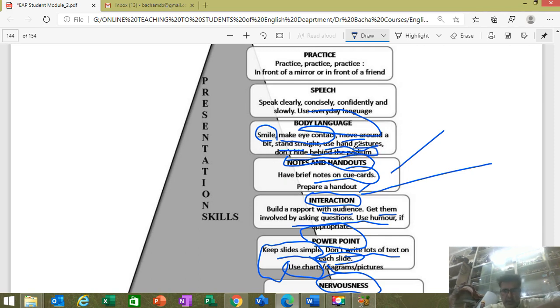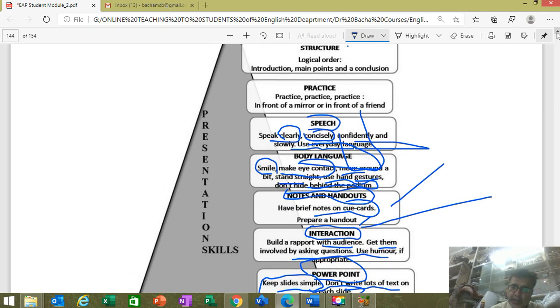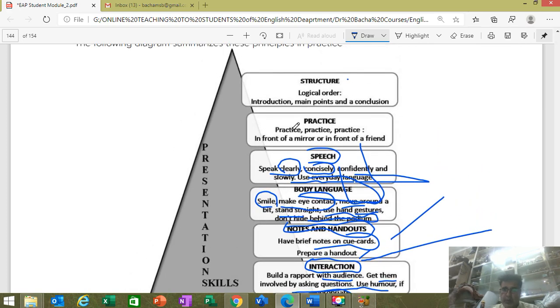Make your body prominent, so that you can take the people along with confidence. And speak clearly, concisely, confidently, and slowly, and use everyday language. Avoid technical language and use commonplace language.